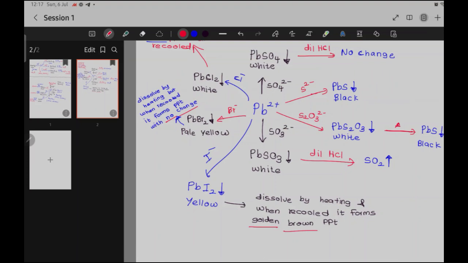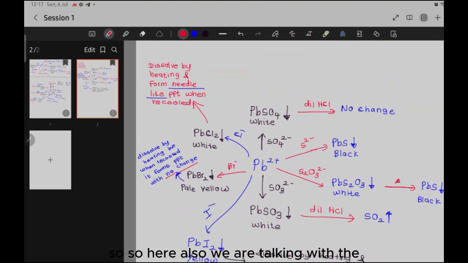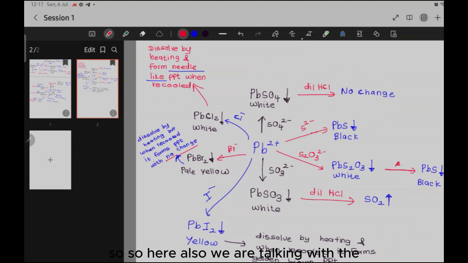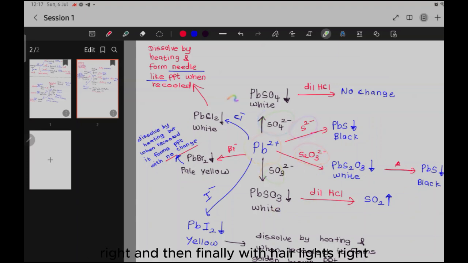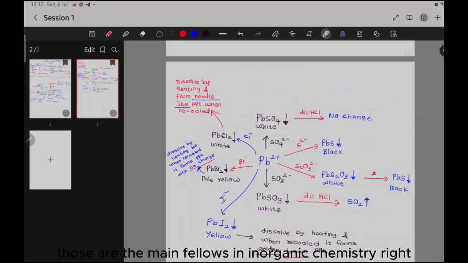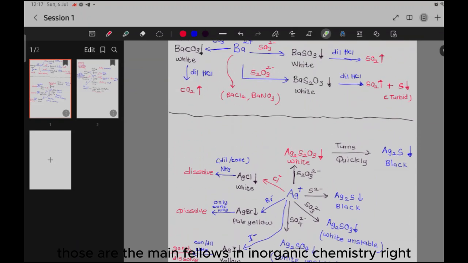So here also we are talking about Pb2 plus with sulfur containing ions, and then finally with halides. Those are the main fellows in inorganic chemistry.